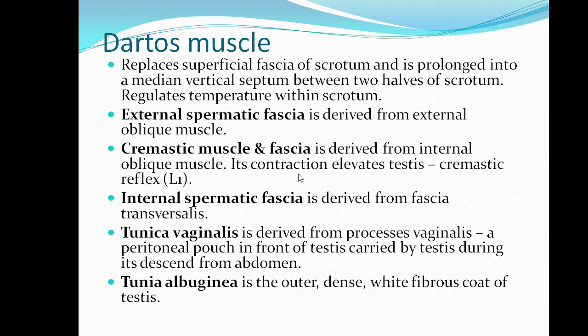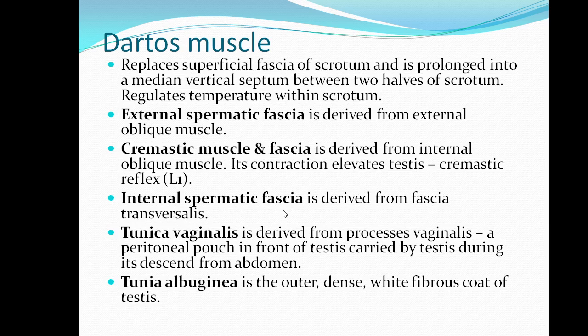This elevation of the testis is known as the cremastic reflex. Tapping the upper part of the medial side of the thigh stimulates the L1 segment, the ilioinguinal nerve, and this causes a contraction of the cremastic muscle.